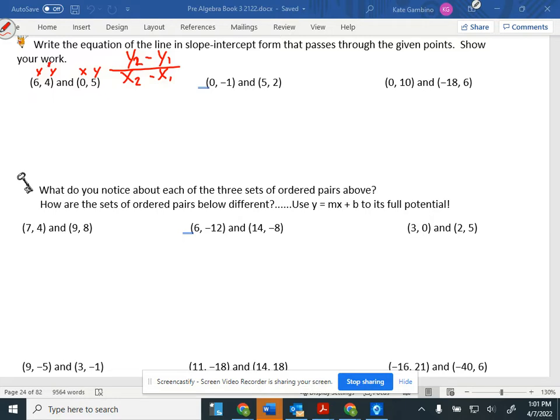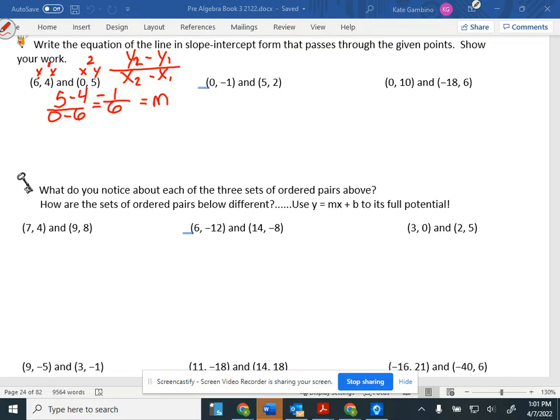If this is ordered pair 1 and this is ordered pair 2, you do 5 minus 4 on the top, because that's y2 minus y1. And then 0 minus 6, because that's x2 minus x1. So 5 minus 4 is 1. 0 minus 6 is negative 6. That is my slope. That is our m.